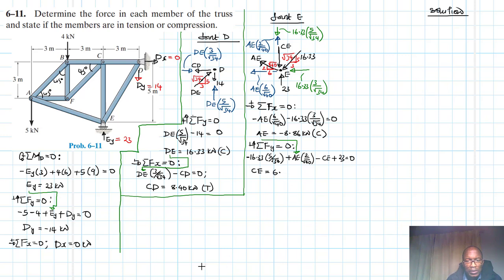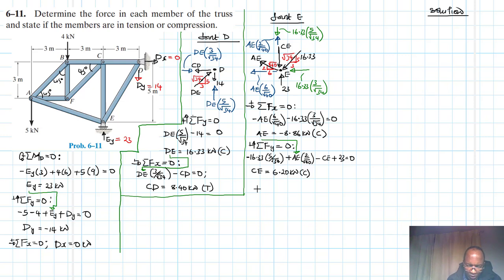Okay, CE is 6.20 kilonewtons, and this one we had assumed CE to be in compression, and of course it's in the right direction.